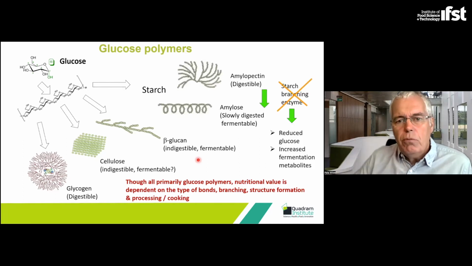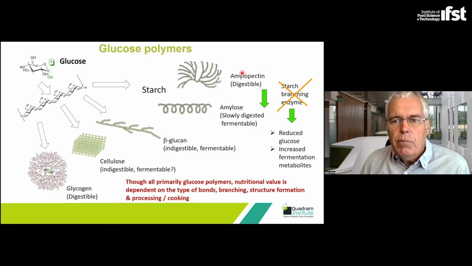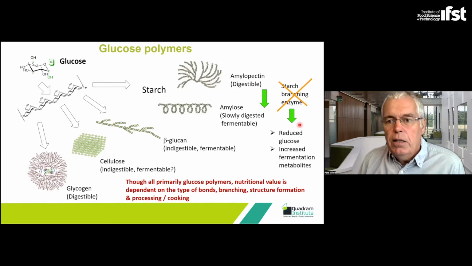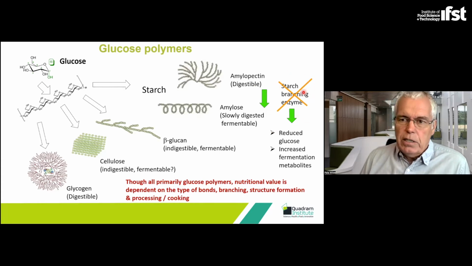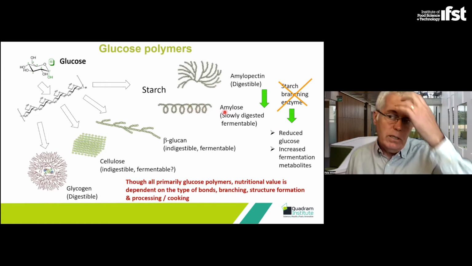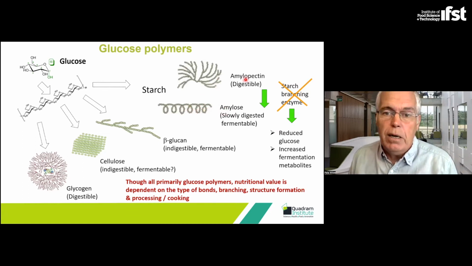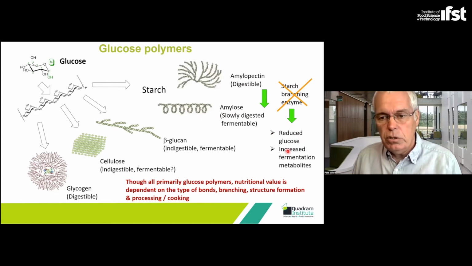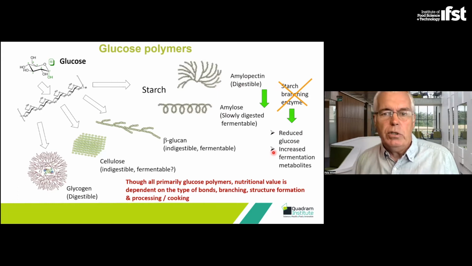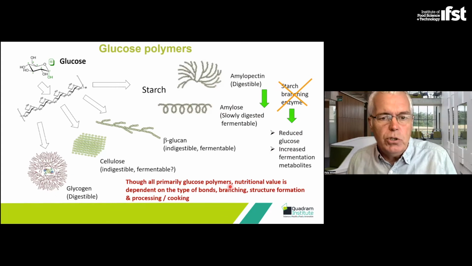And one example, which I'll come to shortly, is you can manipulate the amount of amylopectin and amylose in the plant by changing the activity of the starch branching enzyme, so you can create more amylose by not creating these branched structures found in amylopectin, and that can reduce the glucose levels in your bloodstream and increase the fermentation, so increases the amount of resistant starch. I'll come back to that with one of the research examples.